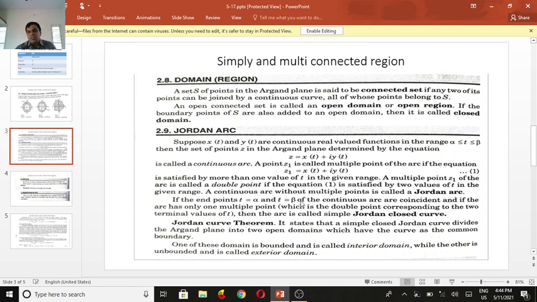So what is the Jordan curve theorem? It states that a simple closed Jordan curve divides the Argand plane into two open domains which have the curve as a common boundary.